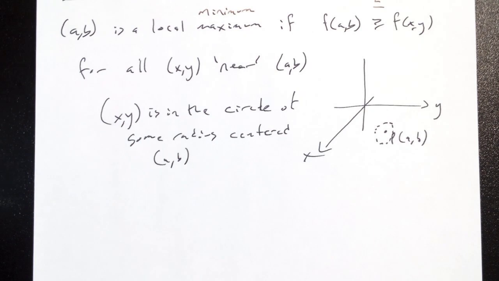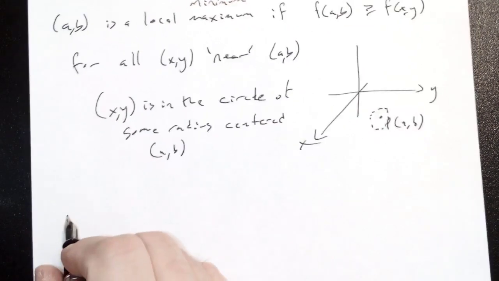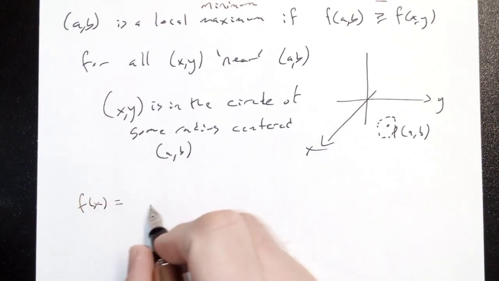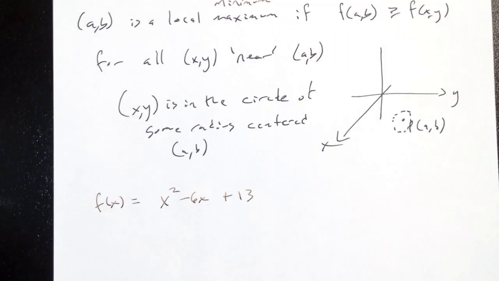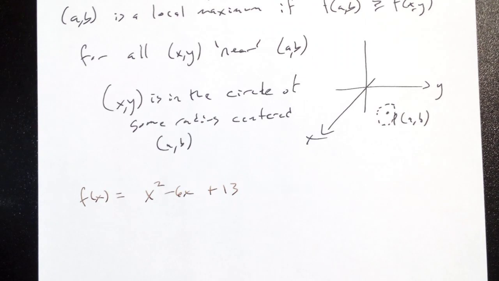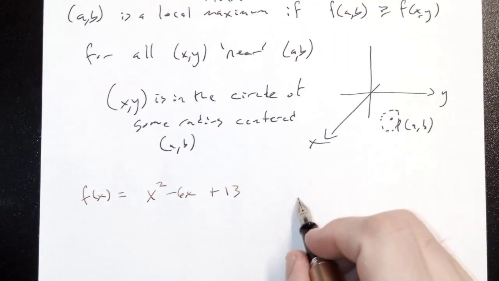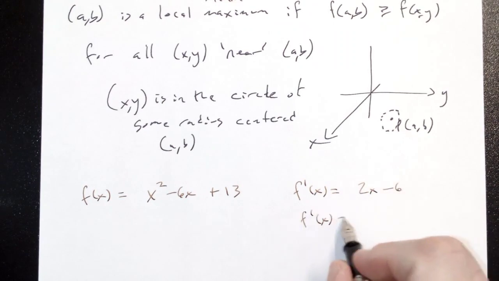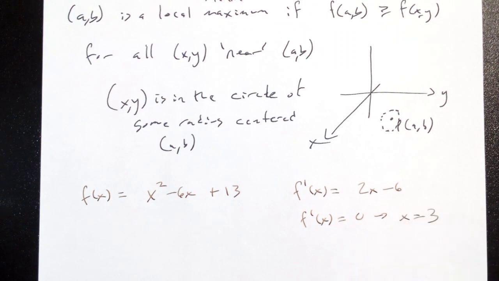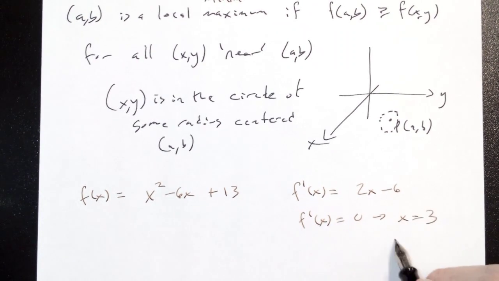how did we find maximums and minimums in Calc 1? And that was our critical point, our critical number, or critical value.